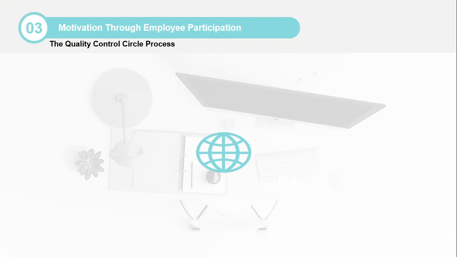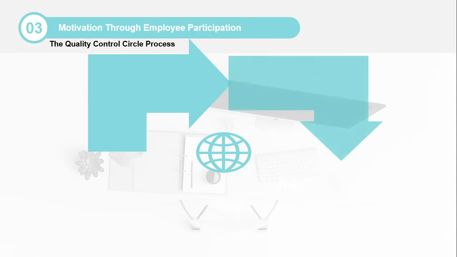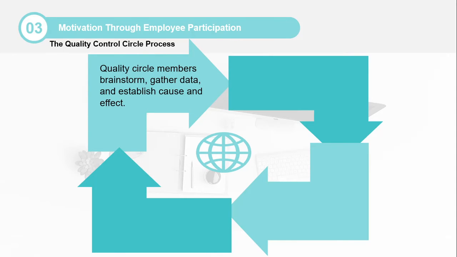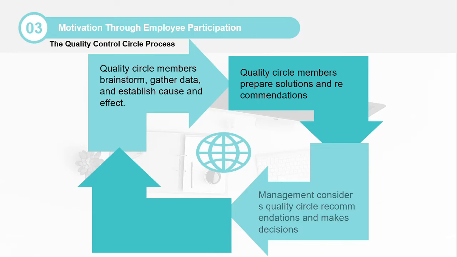So next, we will discuss the quality control circle process. So first, quality circle members brainstorm, gather data, and establish cause and effect. Second, quality circle members prepare solutions and recommendations. After that, management considers quality circle recommendations and makes decisions.